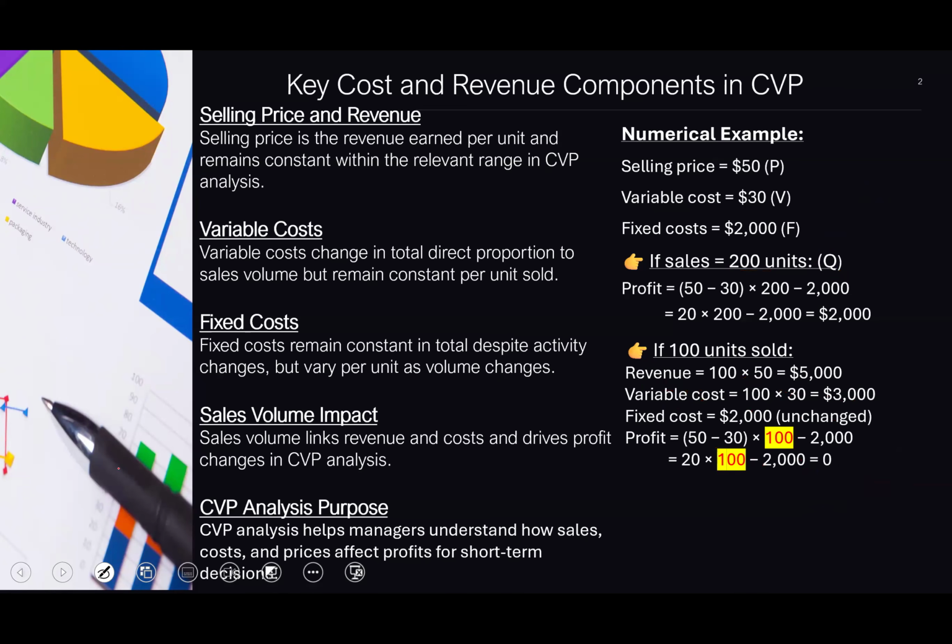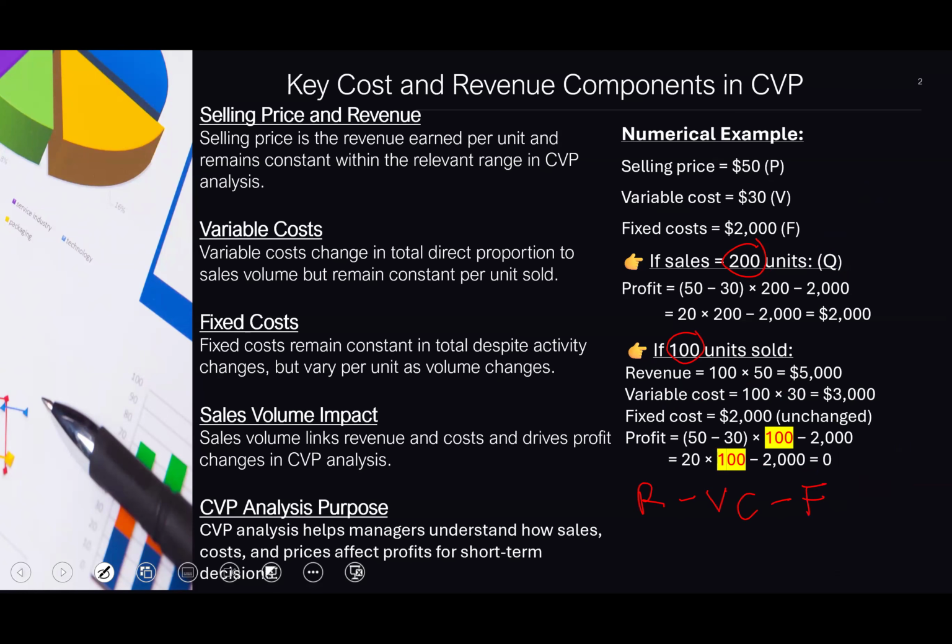Okay. Now notice what I did. Suppose instead of 200 units, I sell 100 units, how would you calculate profit again? Remember, calculation of profit always is revenue minus variable costs minus fixed costs.